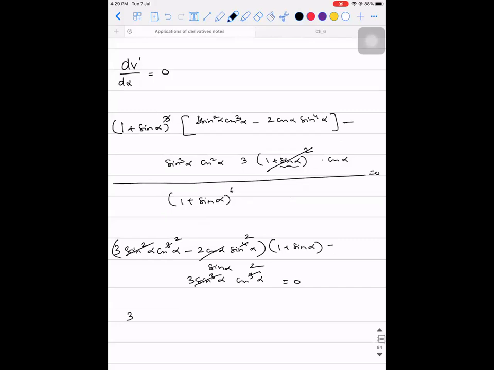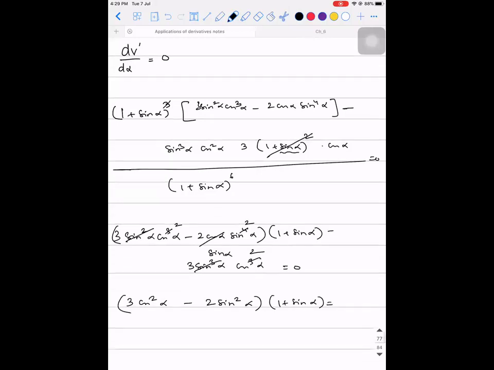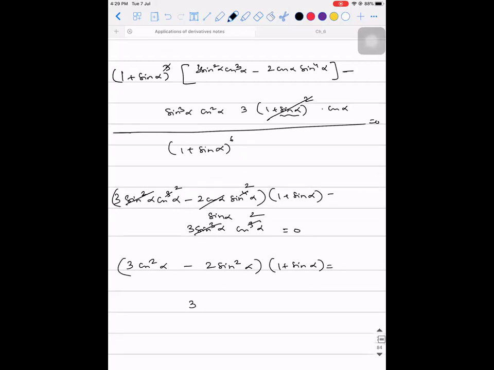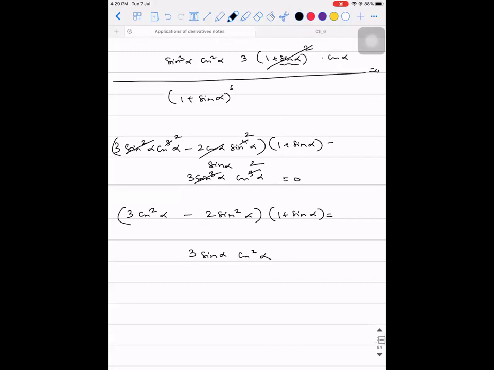Similarly, cos is gone. Cos square, and here cos square. So what is that you are left out with? 3 cos square alpha minus 2 sin square alpha into 1 plus sin alpha is equal to 3 sin alpha into cos square alpha. Okay. So when you expand and write it, you will have 3 cos square alpha plus 3 cos square alpha sin alpha minus 2 sin square alpha minus 2 sin cube alpha is equal to 3 sin alpha into cos square alpha.